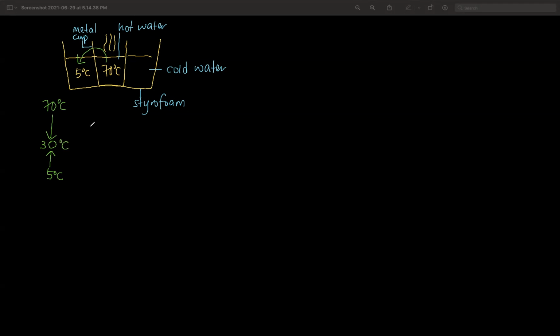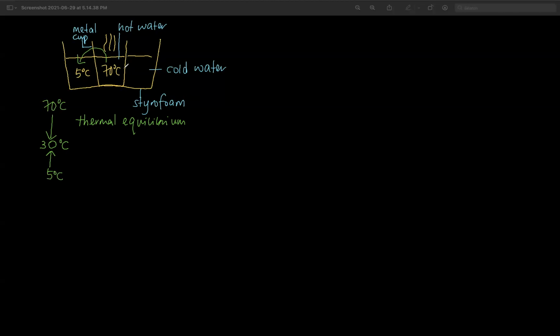Let's just say that they reach 30 degrees Celsius. If these two objects reach the same temperature and they maintain that temperature, we say that they have reached thermal equilibrium. So when two objects are in contact with one another and there's heat transfer from one to the other until they reach the same temperature and maintain that, we say that the two objects have reached thermal equilibrium.